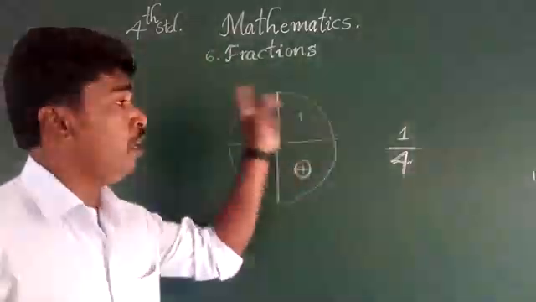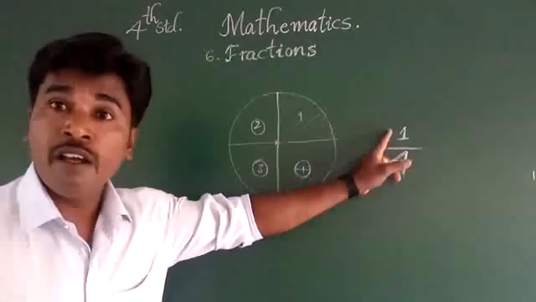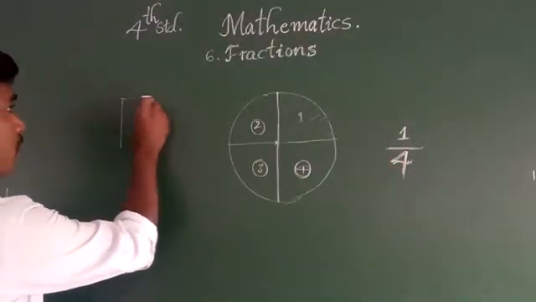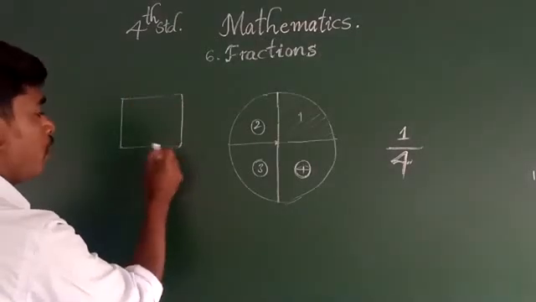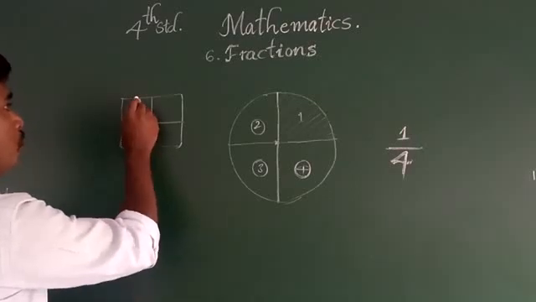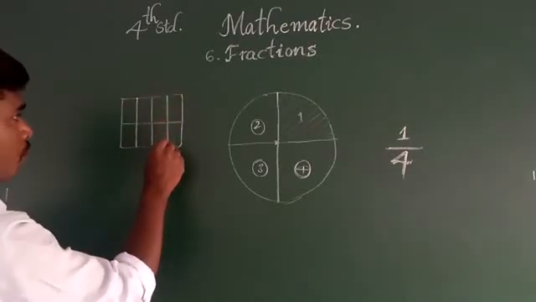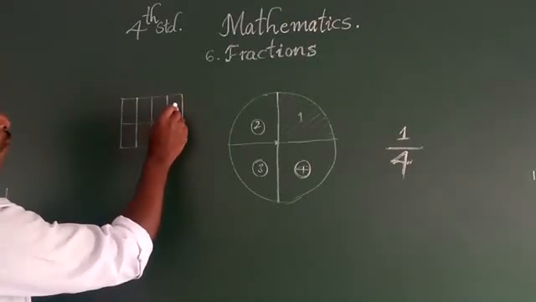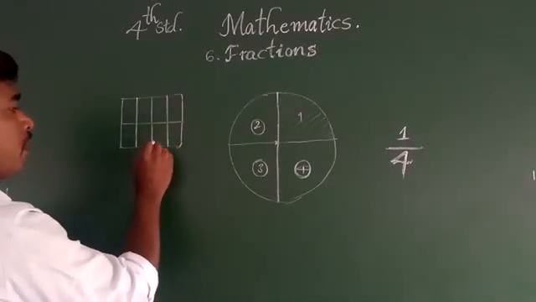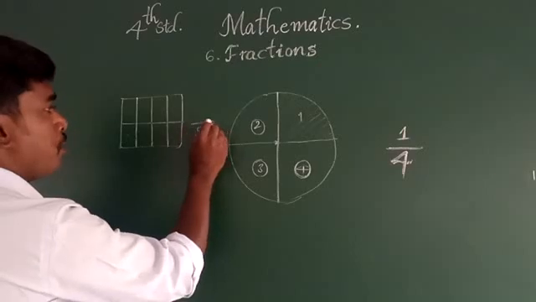In a whole, we have shaded one part. Now consider a square. In the square, I have made it into 1, 2, 3, 4, 5, 6, 7, 8. How many total parts are there? There are 8 parts.